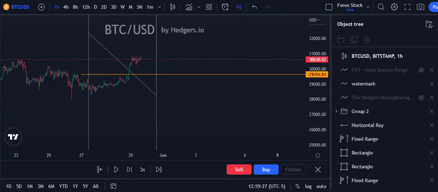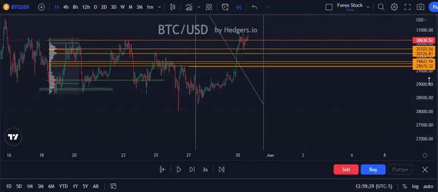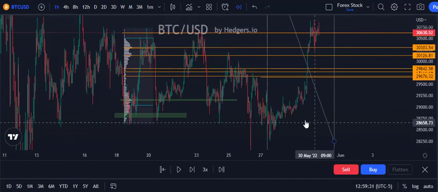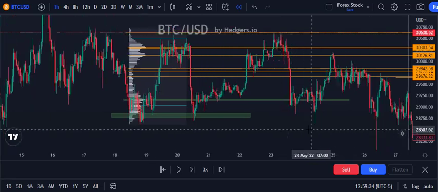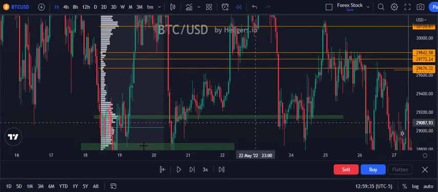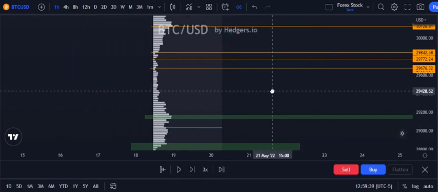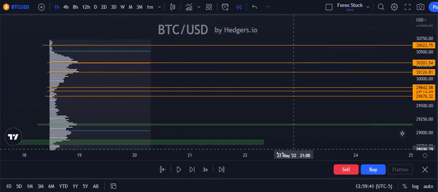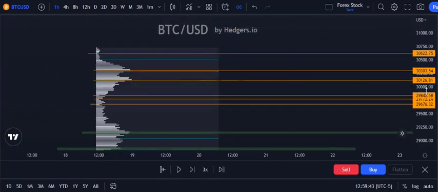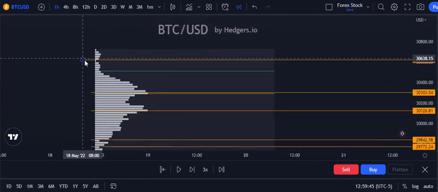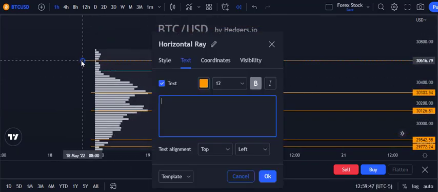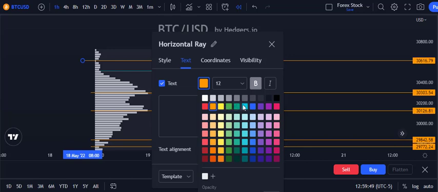Now let's get back to the second example here. As you can see, I already marked the levels, the volume ledge. Let me just hide this. Okay, so here we go. Oh, the low volume singularity. As I told you, the singularity of the low volume here is really important.